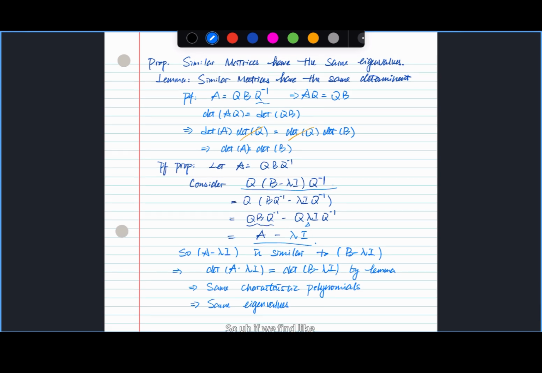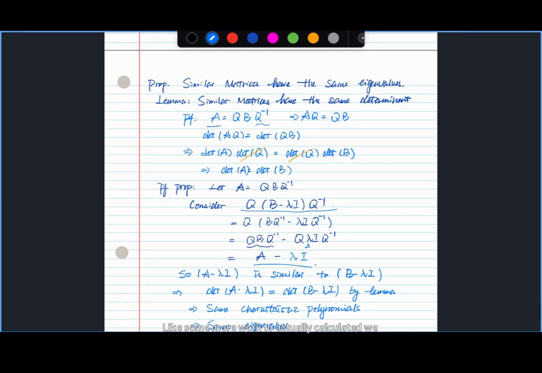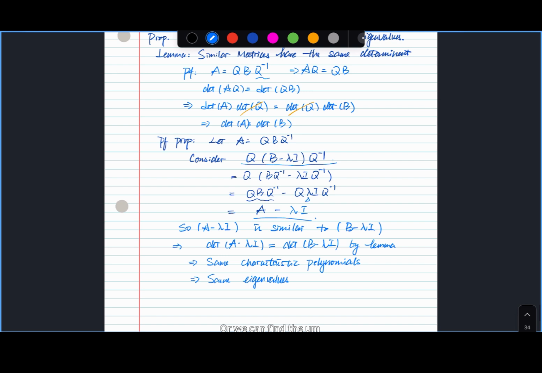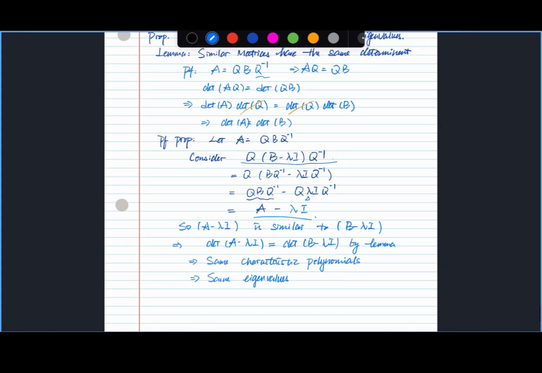So when we use it, if we find a matrix that needs more work to calculate, we can find its decomposition, or the similar matrix after the decomposition. If this matrix can be written as one matrix multiplied on the left and on the right by its inverse, then we can just find the eigenvalues of this middle similar matrix, because we know they will be the same.